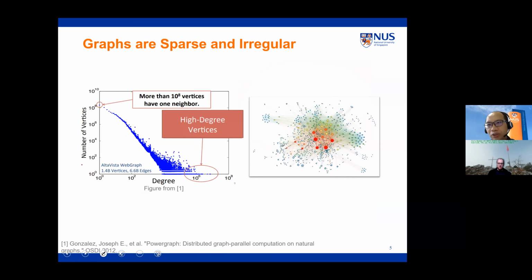And the other one, as we know, many graphs are very sparse and irregular. So that poses a lot of challenges in system design. For example, sparsity poses the challenge on the graph storage, and irregularity poses the challenge on the memory access. Particularly, a lot of random memory access will cause memory system underutilization. So this is really a challenge here.